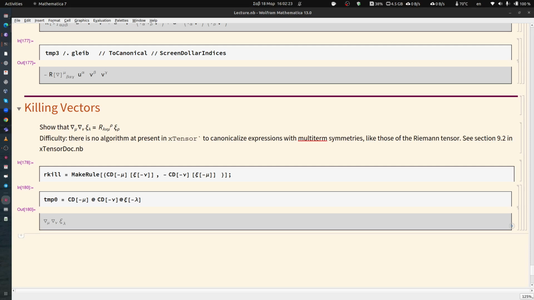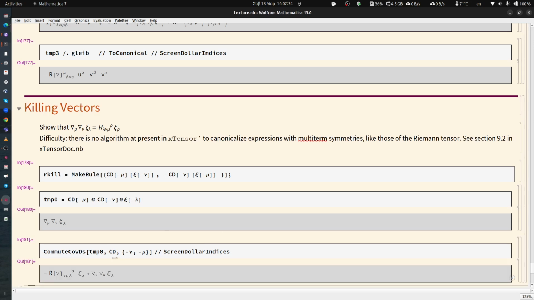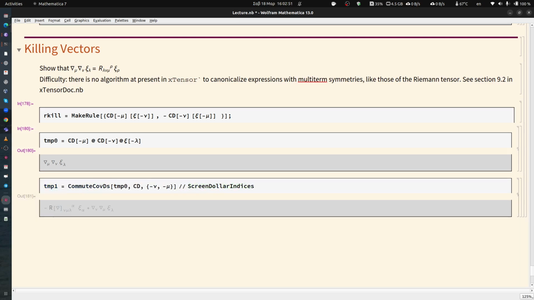So let's take this expression here and commute the derivatives d mu to d nu d mu. So this function will give me the derivatives in the orders that I have asked, plus the Riemann tensor correction term. So let me call this TMP1.